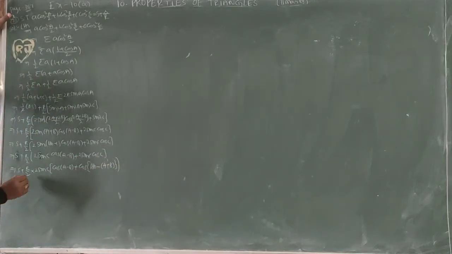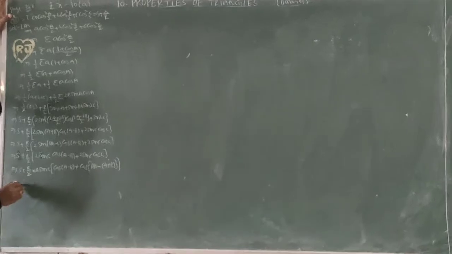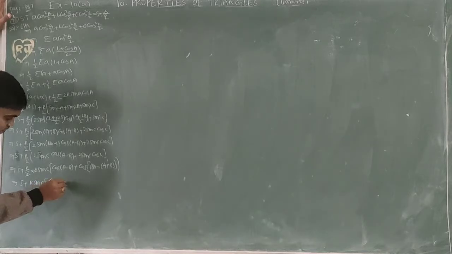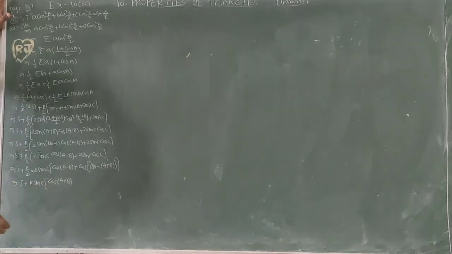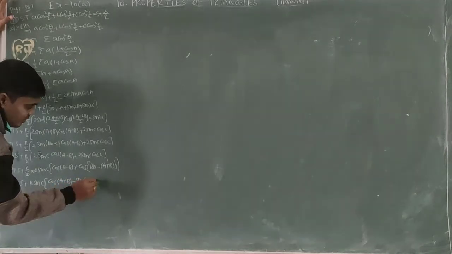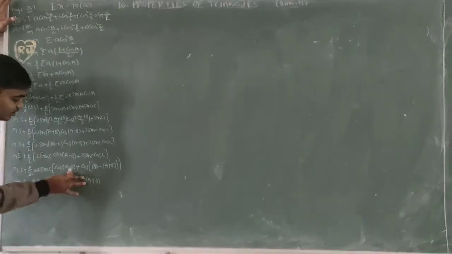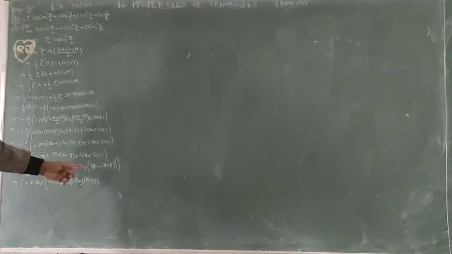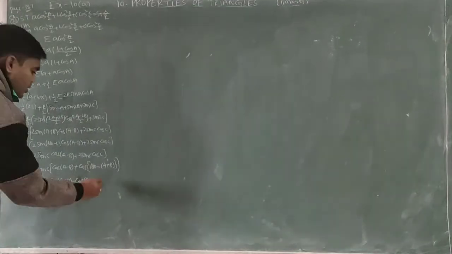Now 2 cancels. S plus R sin C into cos (A minus B) plus cos (180 minus (A plus B)), which equals minus cos (A plus B), since in the second quadrant cos is negative.